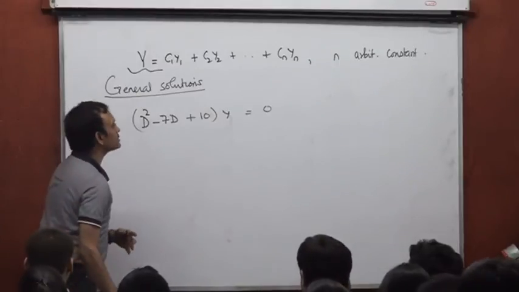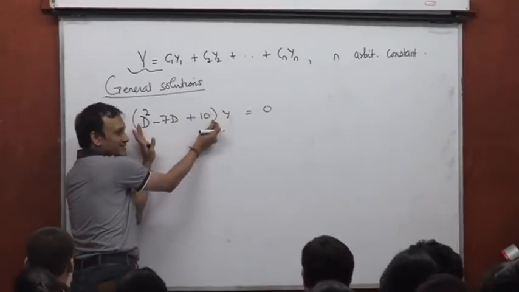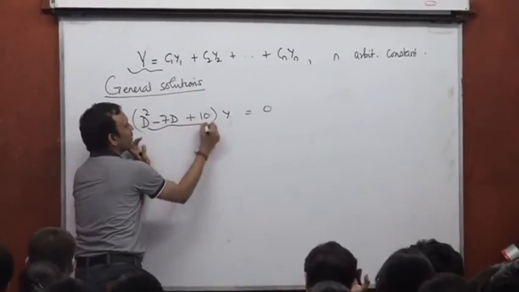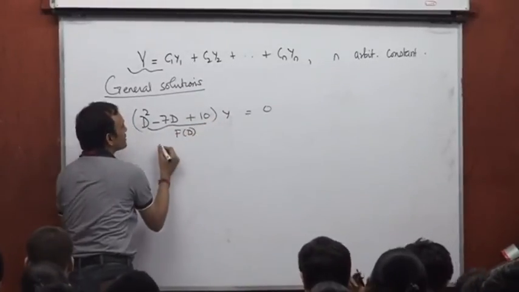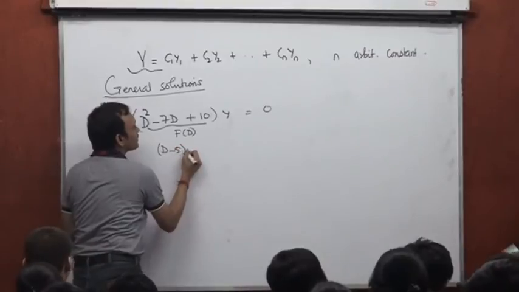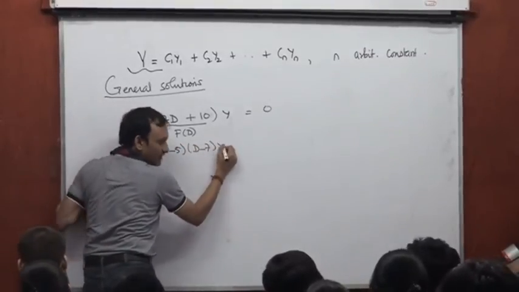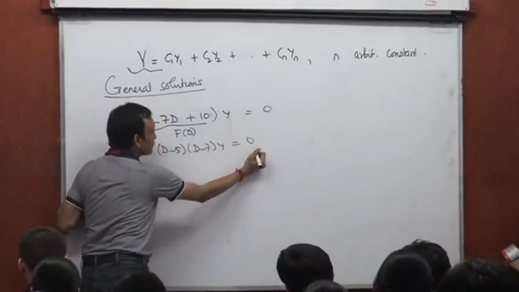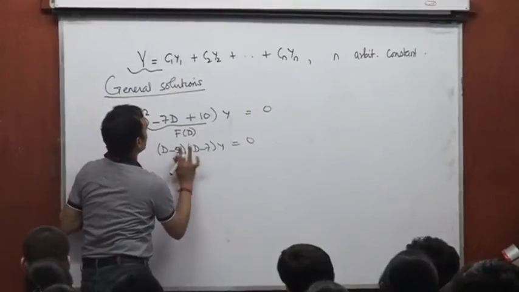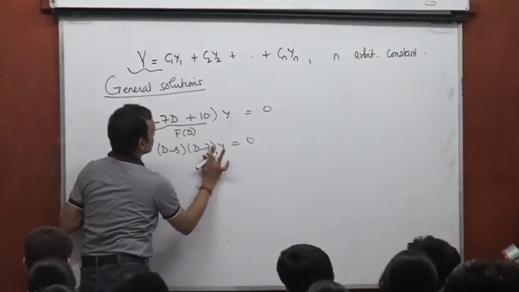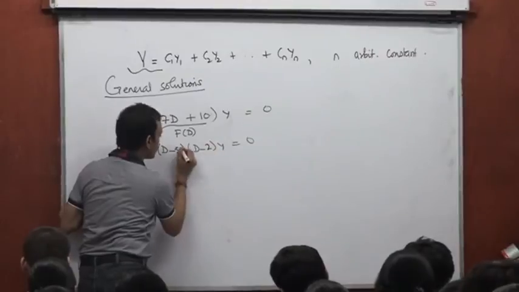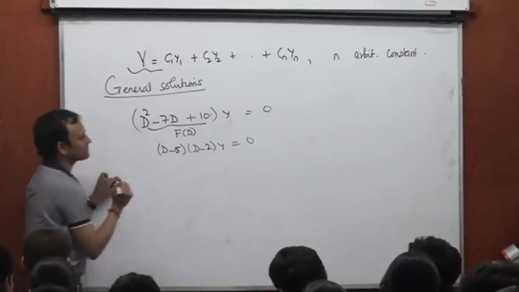Then you can factorize this. This is fd. You may want to factorize this as d minus 5, d minus 2 acting on y equal to 0. Sorry, so sorry, please. It's okay.